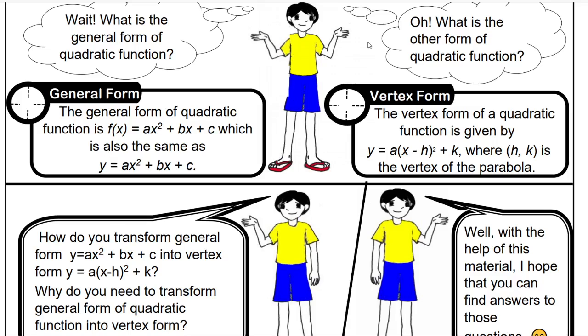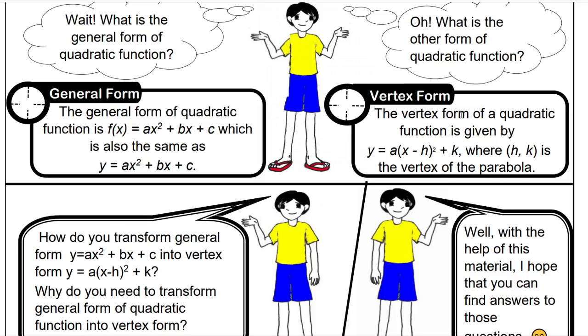Oh no! There's another form of quadratic function, which is the vertex form. What is this vertex form?